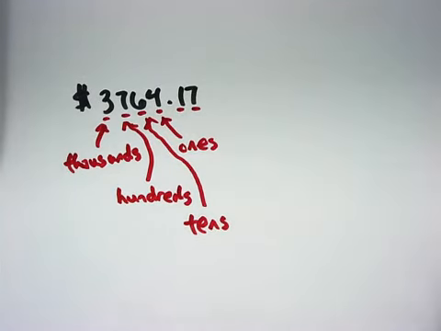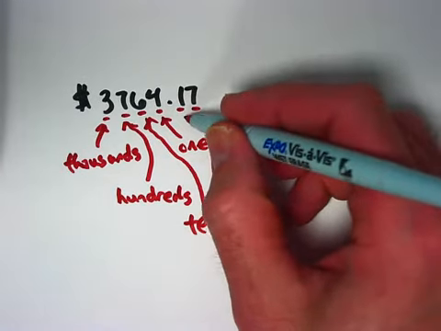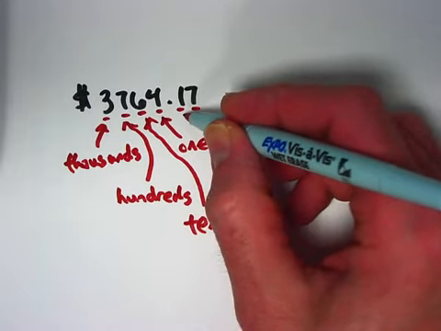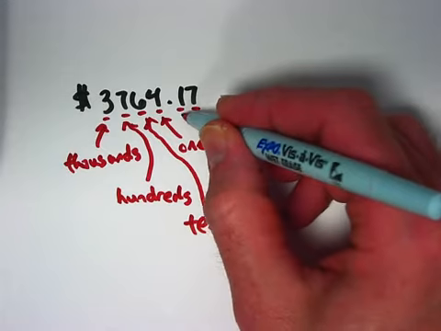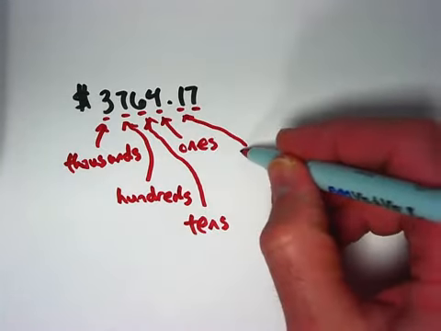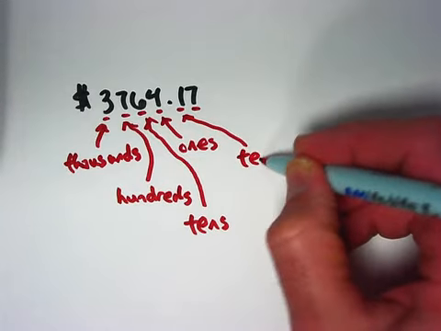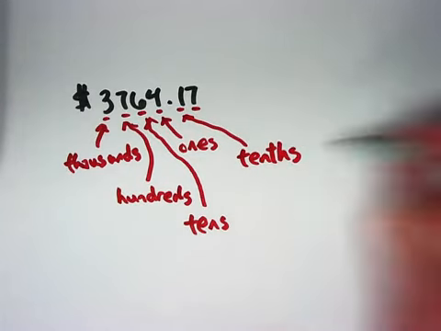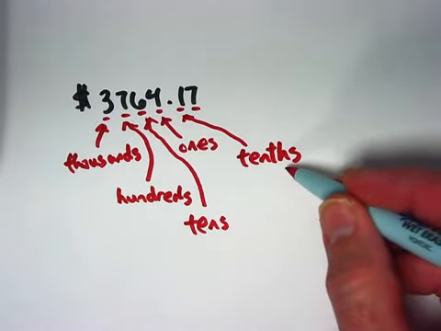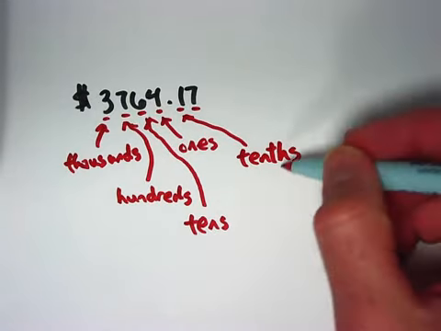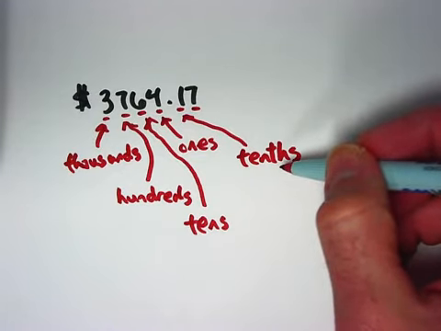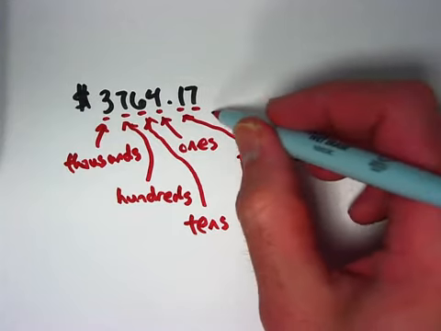Hopefully you remember those. What might be a little harder to remember is the names given to the places to the right of the decimal. The one in the place just to the right of the decimal is said to be in the tenths spot. Not tens, but tenths. And the reason, we will see pretty quickly, is that it corresponds to the fraction, the rational number, 1/10.